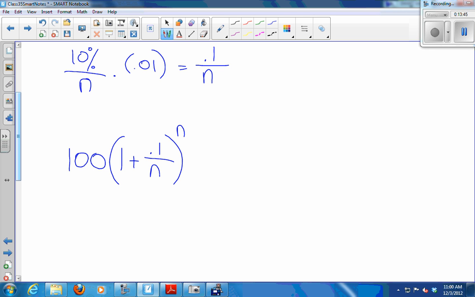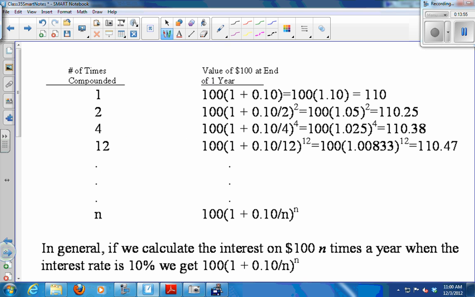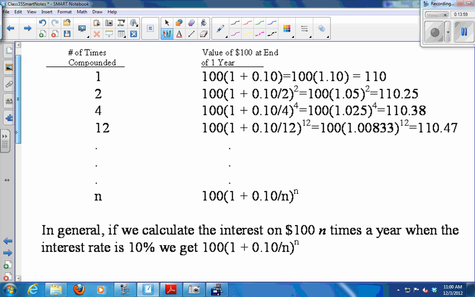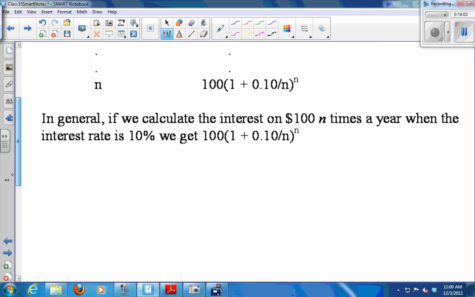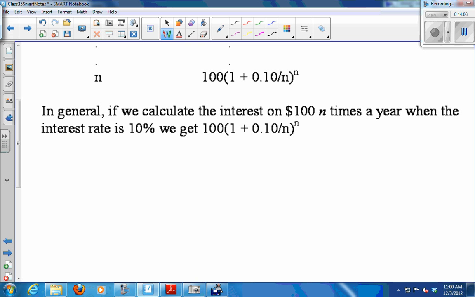So this is how much money I would have in my bank account after n compoundings. I can just plug in an n, and I'll figure out how much money I have. I did this for 1, 2, 4, and 12, and this is the general formula we just calculated.